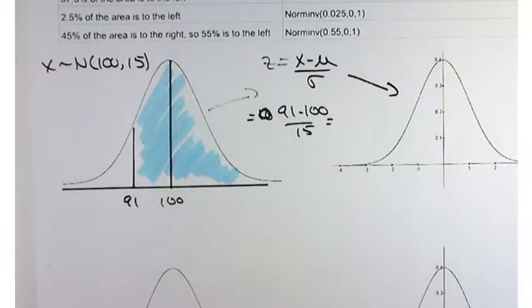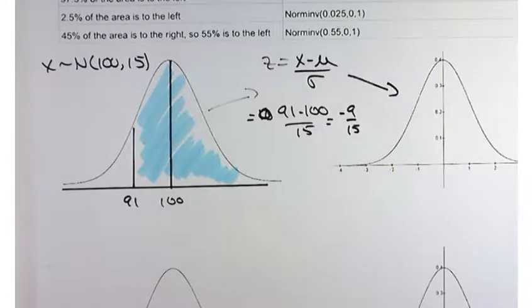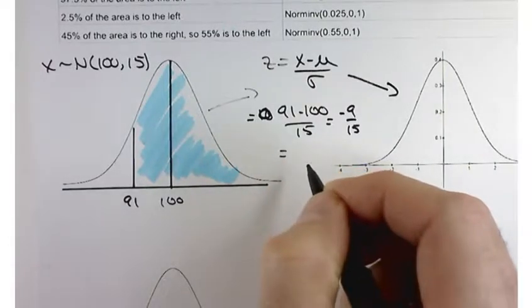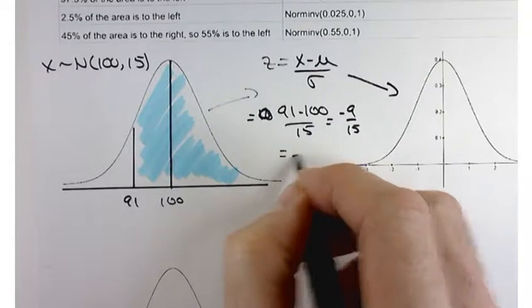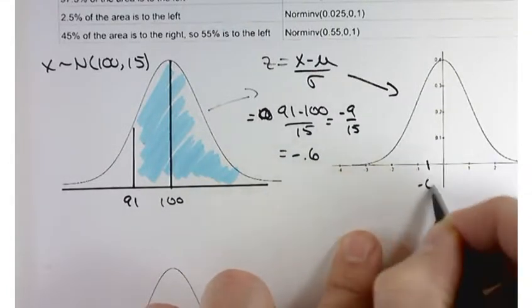So negative 9 over 15, negative 3/5, 0.6, negative 0.6. So negative 0.6 is about here.